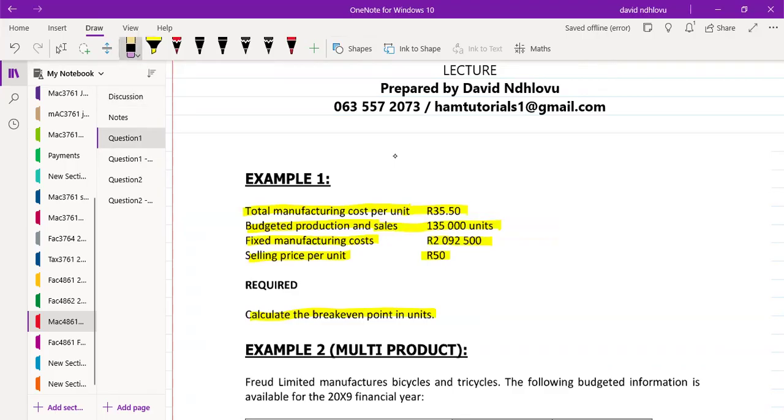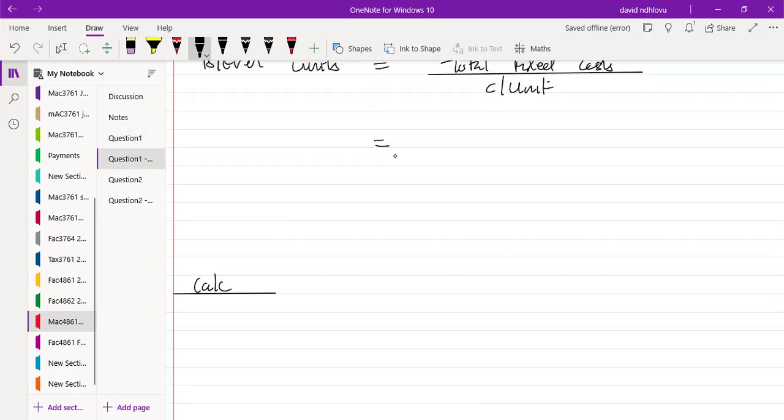Please remember, we don't always limit ourselves to manufacturing cost. You add all the total fixed costs that you have, both manufacturing and non-manufacturing. But in this example, we're only given fixed manufacturing costs, so we just use that. But in practice, all the fixed costs that you have as an entity, you add them together to get your total. Once we have that, we need to divide that by contribution per unit.